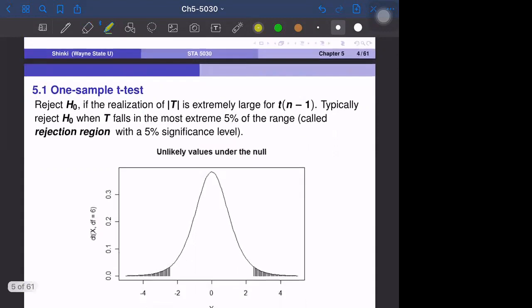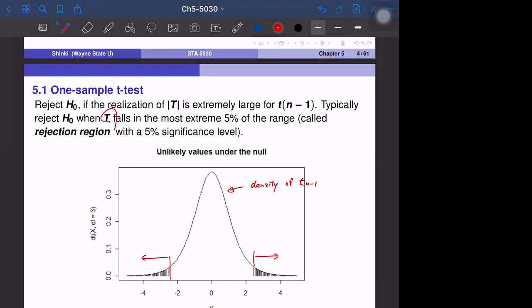So the idea is that, suppose we have the density curve of the T distribution with degrees of freedom n minus 1. So this is the density of T n minus 1. And if our statistic T falls in an extreme range, this range or this range, that is too extreme under this situation.